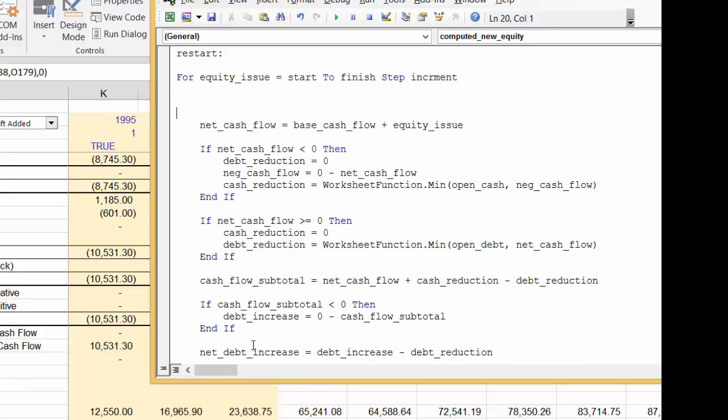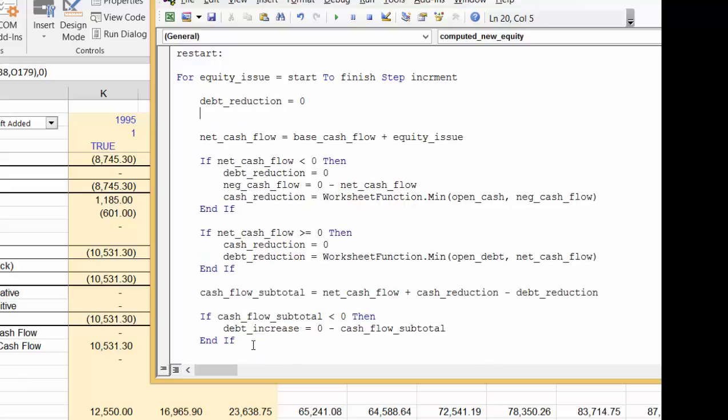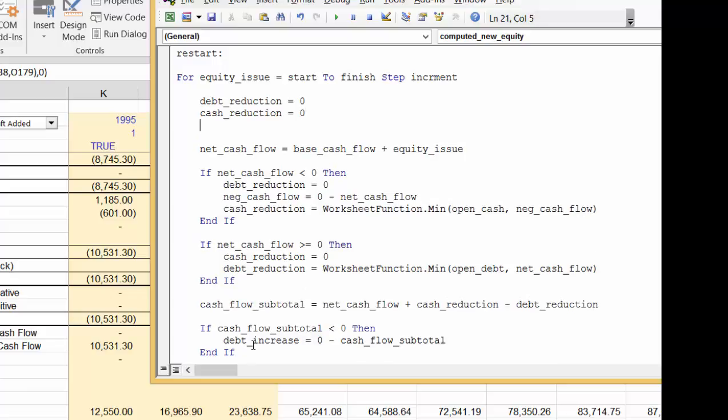I started screaming and I couldn't go to sleep. You have to put debt reduction is equal to 0. And then you have to put cash reduction is equal to 0. And then you have to put debt increase is equal to 0.